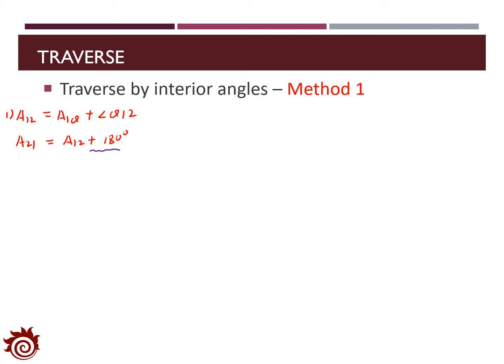Then you need to find out the value of A23, which is the forward azimuth. That is A21 plus alpha 2. And you can find out the backward azimuth A32.